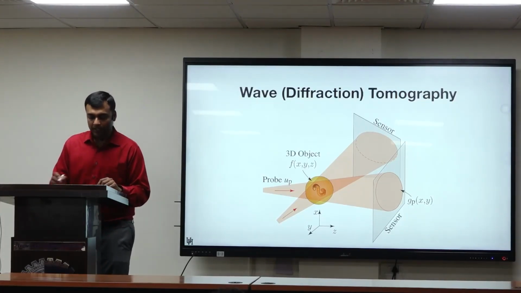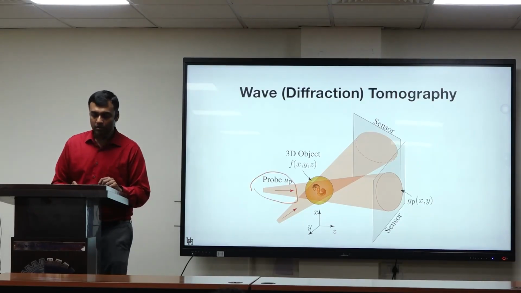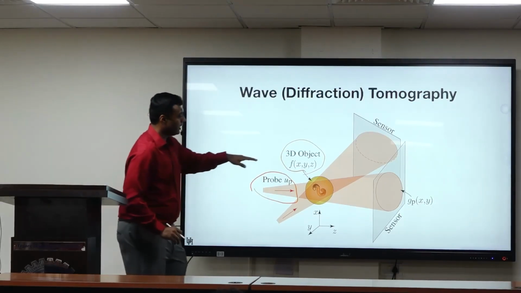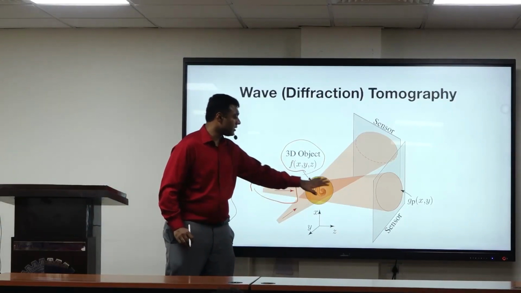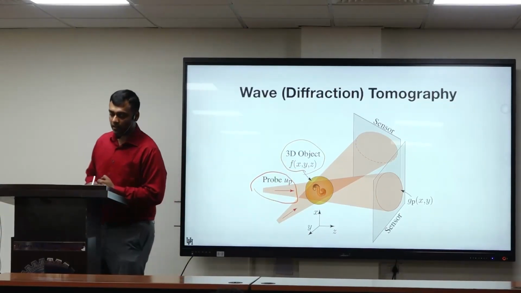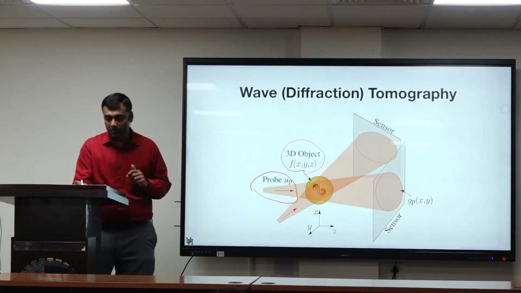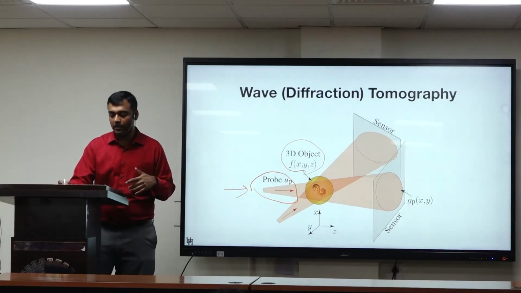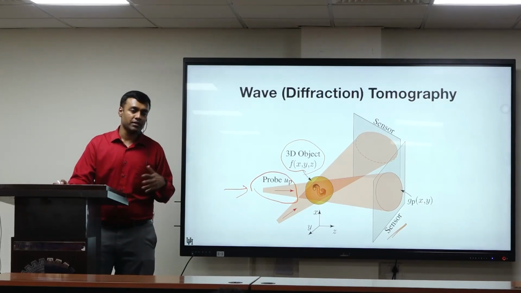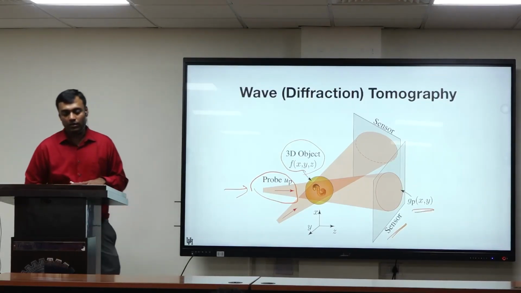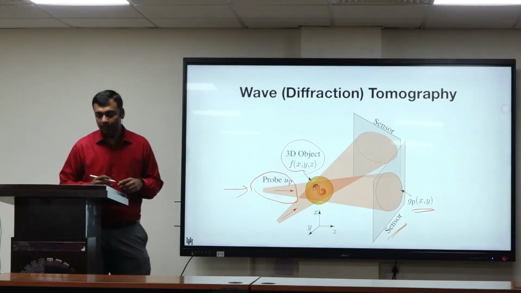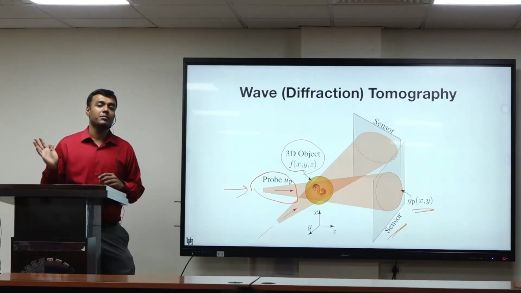Okay. So the basic idea is we have a source of light which comes. There's a 3D object which is f(x,y,z). It's a function of x, y, z, and f(x,y,z) tells you the internal structure of the object. Light comes from one direction, and after diffraction, it falls on a sensor, say a camera sensor, which gives an image g_p(x,y). Okay, and that is one image that you get.